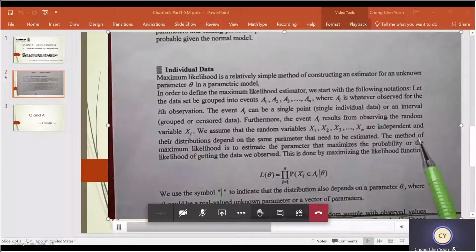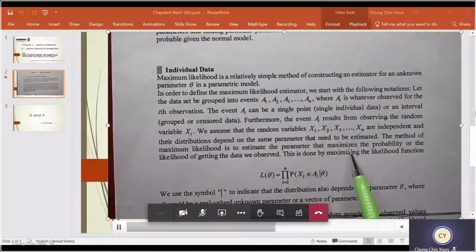The method of maximum likelihood is to estimate the parameter that maximizes the probability or the likelihood of getting the data we observe. This is done by maximizing the likelihood function as follows.